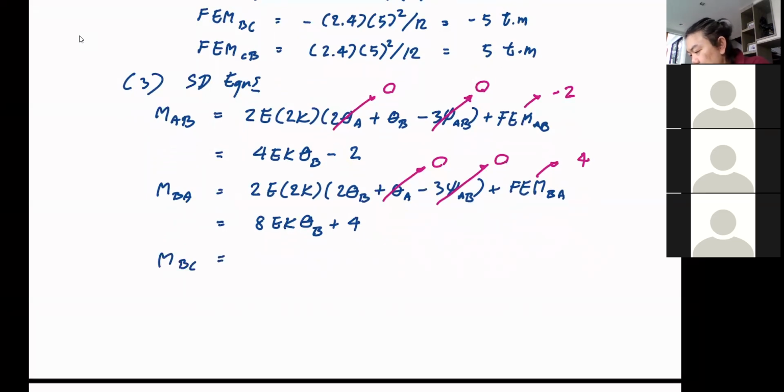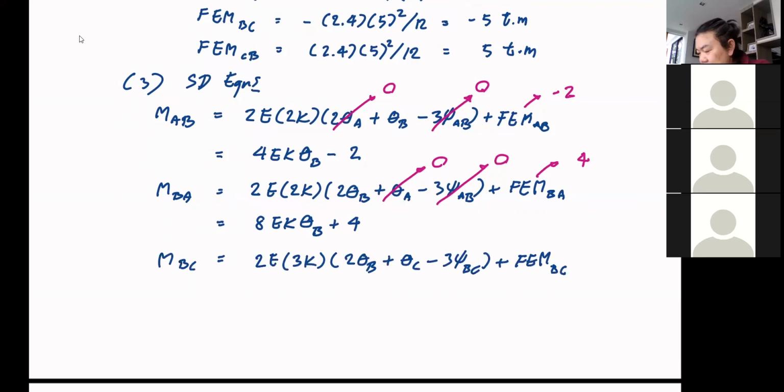MBC now. So now we move on to the next member, member BC. So the stiffness is going to be different. So it is 3K now, right? 2 theta B plus theta C minus 3 psi BC plus FEM BC.